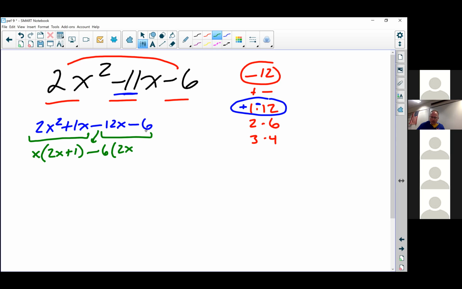If I factor a negative 6 out of negative 6, that gives me a positive 1. Notice these match. And then whatever I have left is going to go in my other set of parentheses. Again, if I double distributed or I foiled those together, I'd wind up with 2x squared minus 11x minus 6. Not too bad, is it? Questions for me?